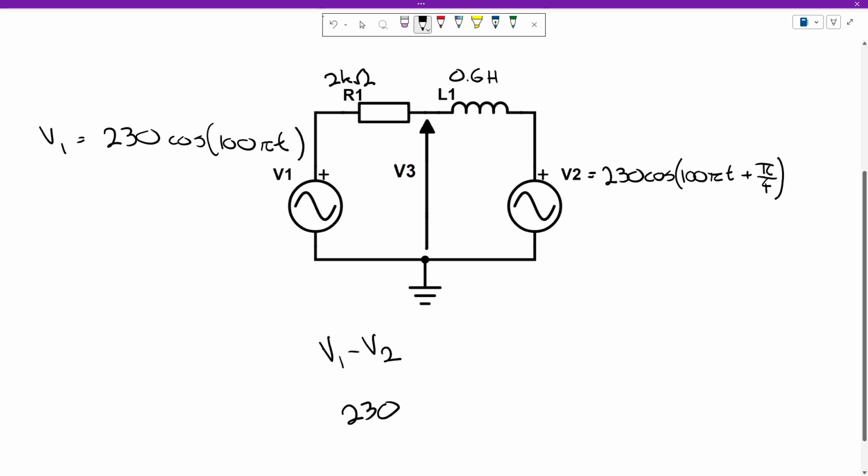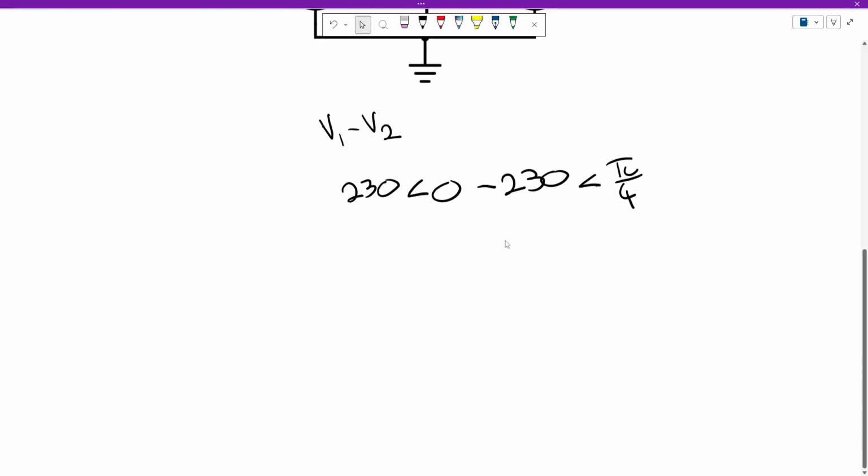So we'll put in 230, and then because V1 has no phase difference, it's just 0 degrees, minus 230 angle pi over 4. And then just press enter.